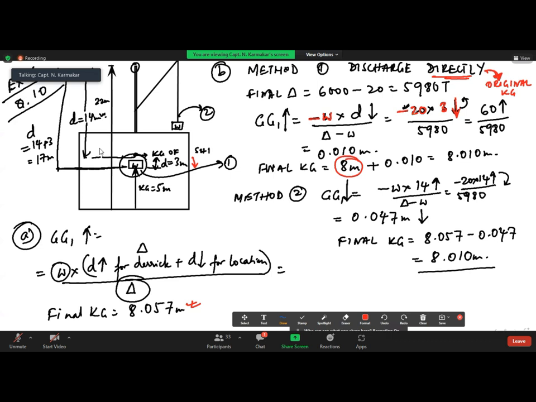Now normally we are not doing GG1 in terms of minus. If I remove the minus, I will change the arrow. So the arrow goes up and the minus sign is removed. So I end up with 0.010 meters going upwards. Now upwards means obviously I will add up to 8 meters. तो ये ऊपर की तरफ चला गया, 8.010 meters. This is the first part.